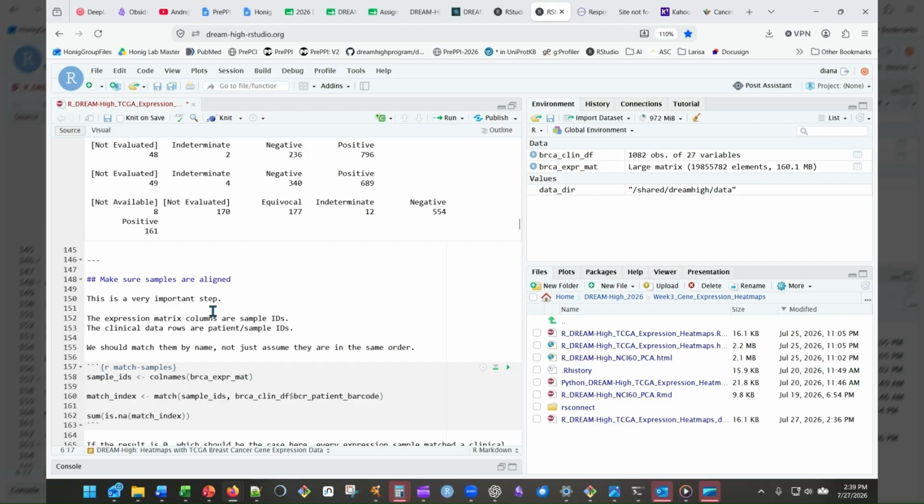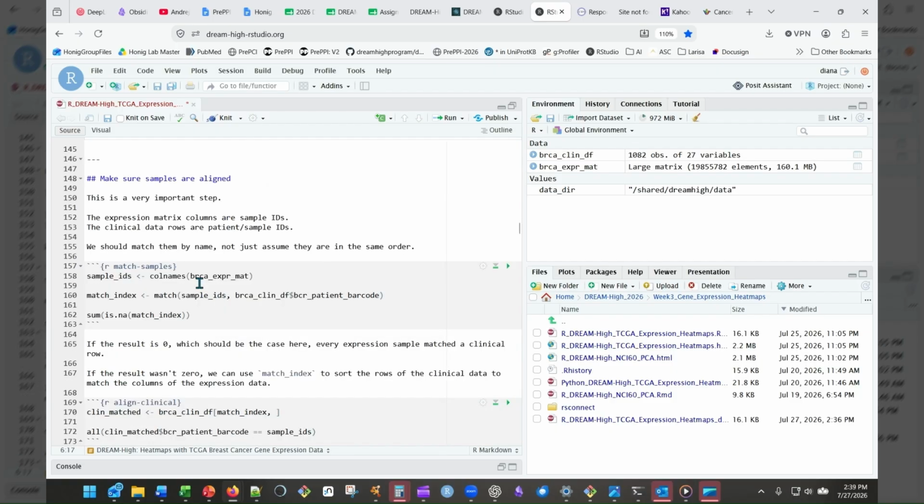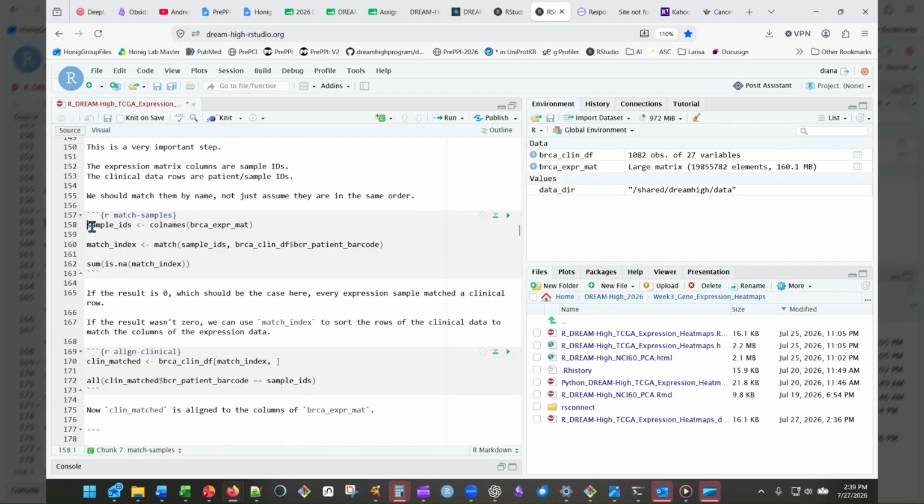All right, so this is a very important step, making sure that the samples in the clinical data set and the expression data set are aligned. So what we're doing here is taking sample IDs. Those are the columns from the expression data, and we want to map those with the breast cancer patient barcode from the breast cancer clinical data frame, which happen to be the rows.